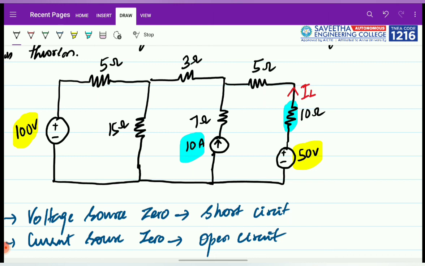And I cannot change this source to a voltage source, because we don't have any parallel resistance connected to the source exactly, so that's the reason. And similarly, what we have to do is convert all the sources, the voltage sources to current sources, then finally apply nodal analysis. That can also be done.